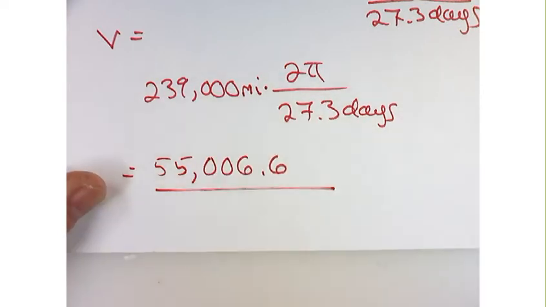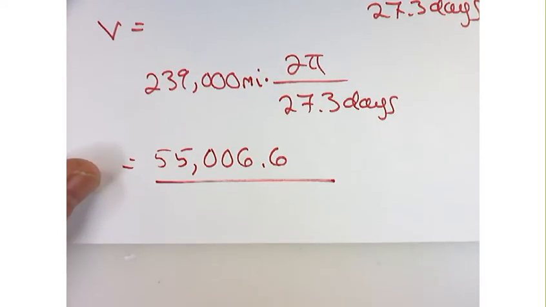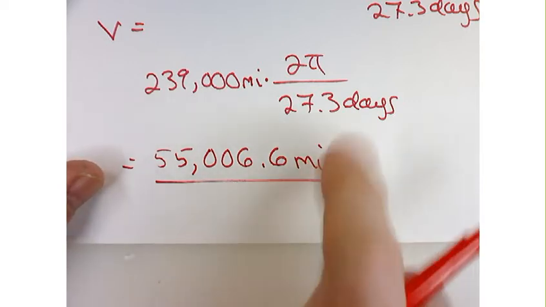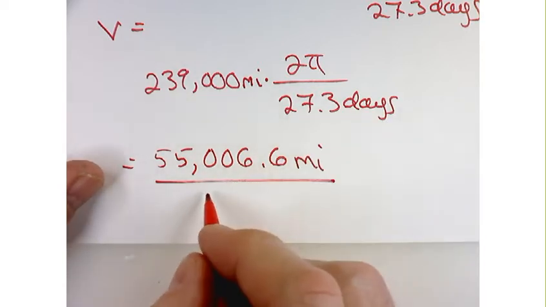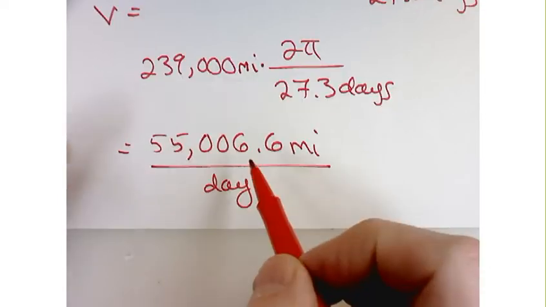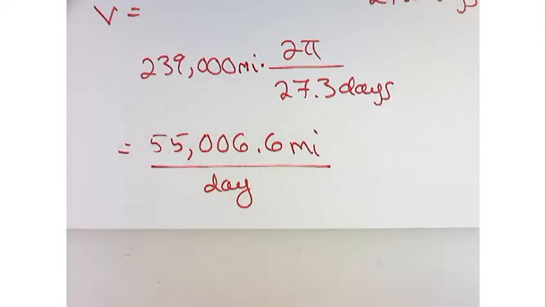Well, did any of the units cancel out? No. So the units in the numerator are miles. The units in the denominator are days. So about 55,000 miles per day.